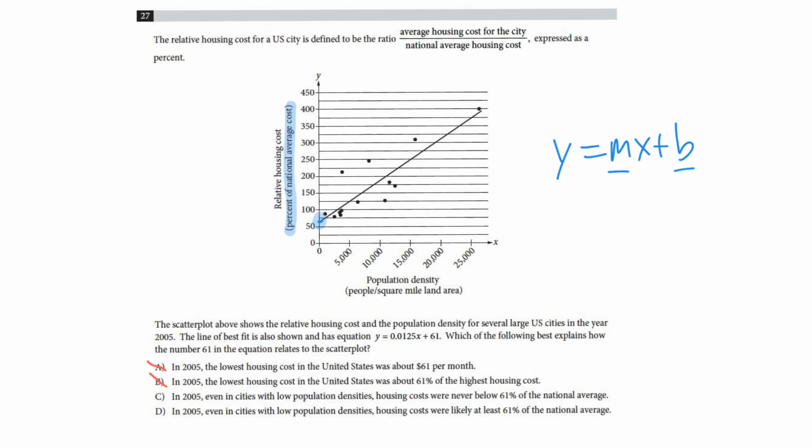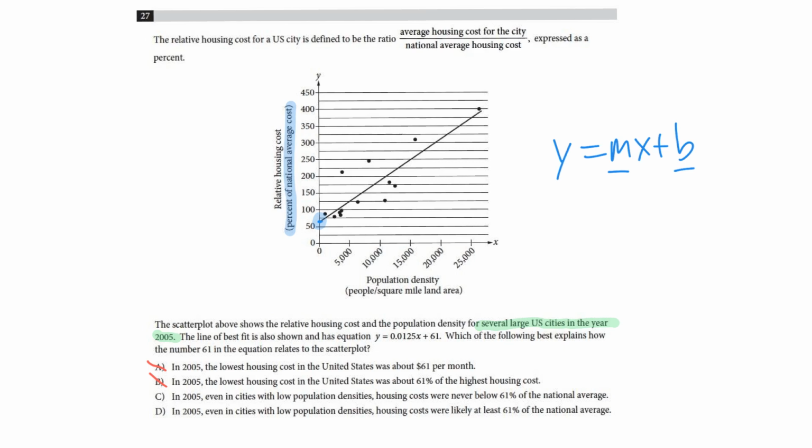Okay, let's see. In 2005, even in cities with low population densities, housing costs were never below 61% of the national average. That is not going to be accurate. This scatter plot only shows data from several large cities in the year 2005.